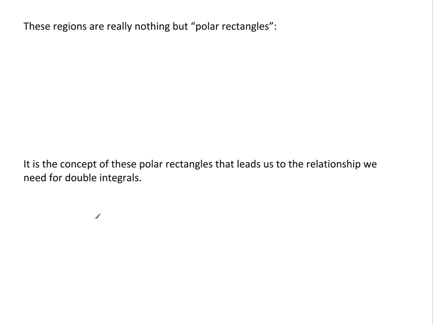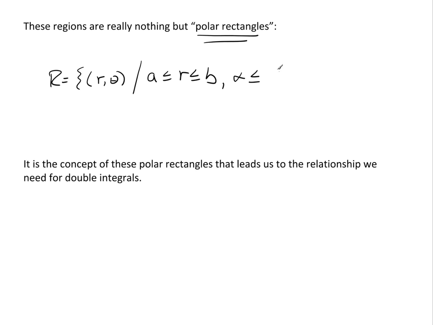Now, each of these regions is really nothing more than a polar rectangle, because I can define my rectangle as being the points r theta, such that, say, a is less than or equal to r, which is less than or equal to b. So there's the range of r. And then let's use alpha less than or equal to theta, which is less than or equal to beta.